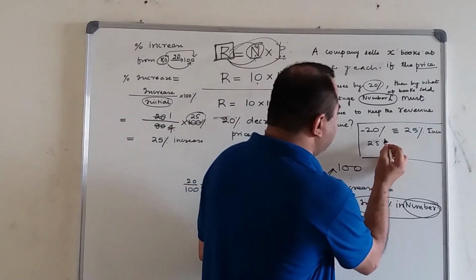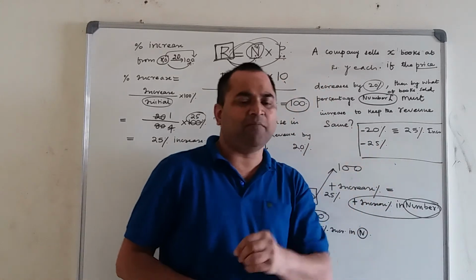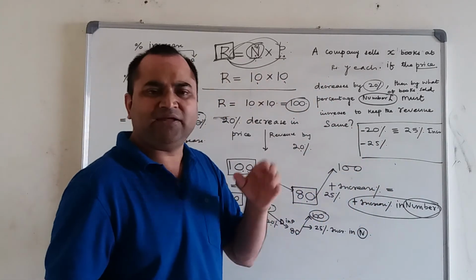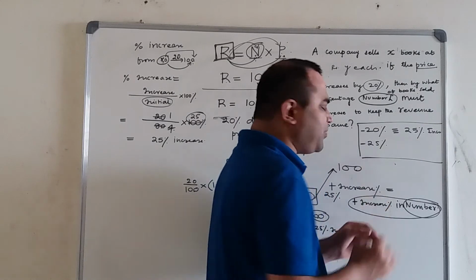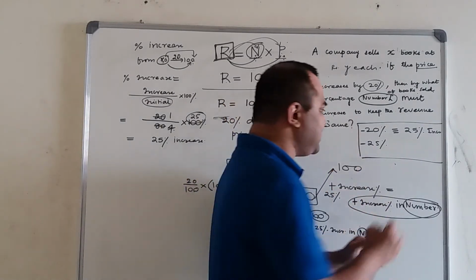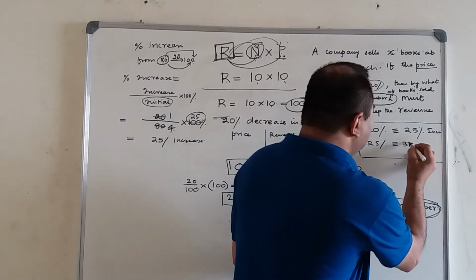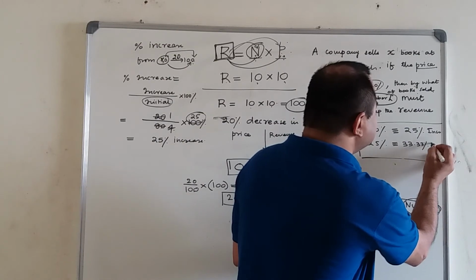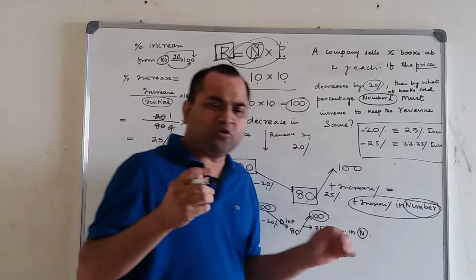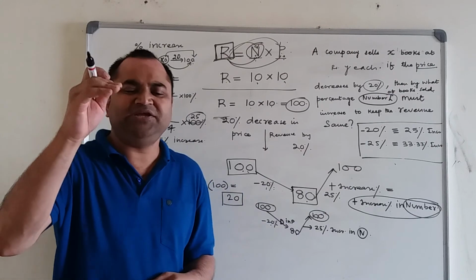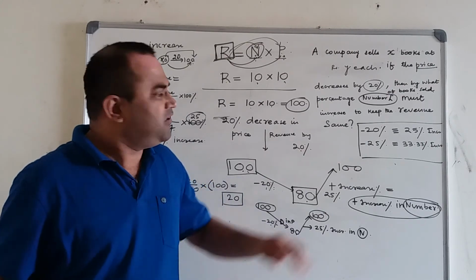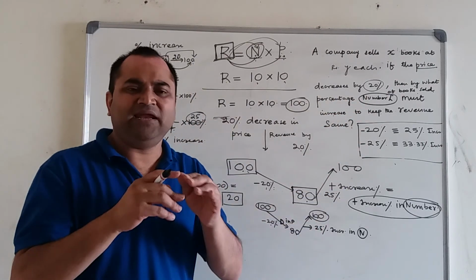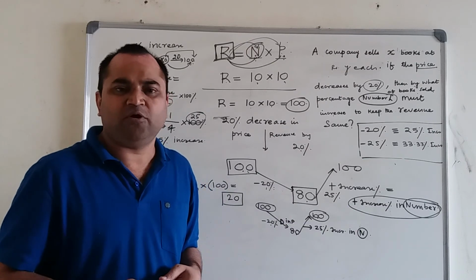A 25% decrease in any quantity, maybe 100 or 80, whatever, will require a 33.33% increase to restore the decreased value to its original value. If you remember these pairs, then it will add speed and accuracy to your solution.